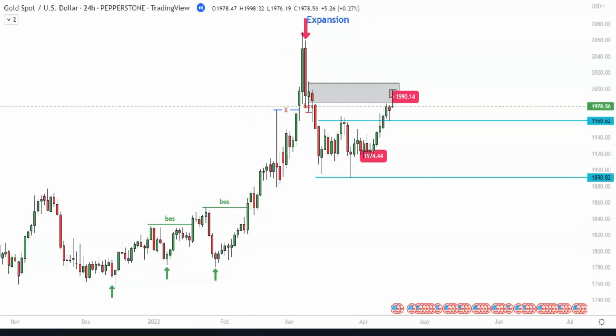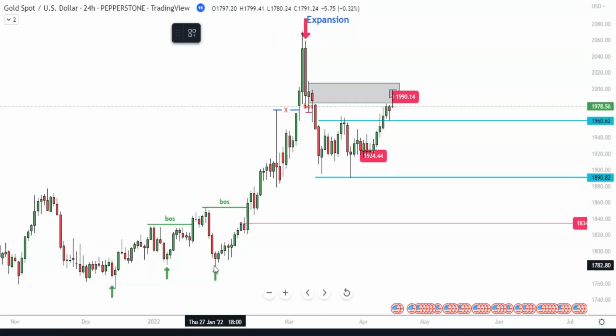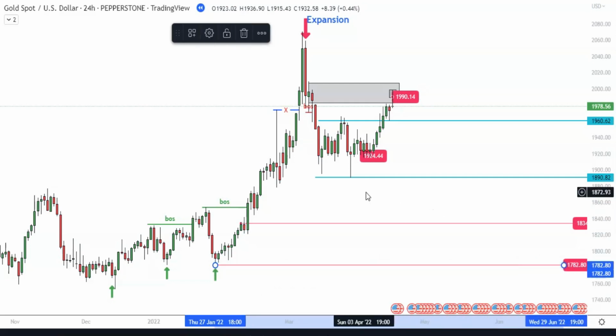Now I like considering this order block here as my first take profit point, and then originally this point of interest as take profit point two.